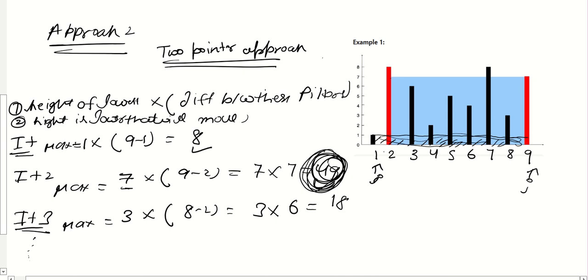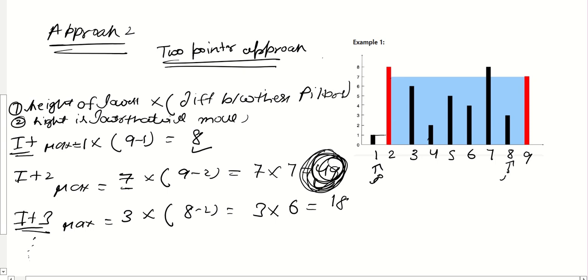Now why we incremented i is because if you decrement j instead, the amount of water that you are storing between these two is going to reduce. Let's say you did not increment i, you just decremented j. Now j will be here.